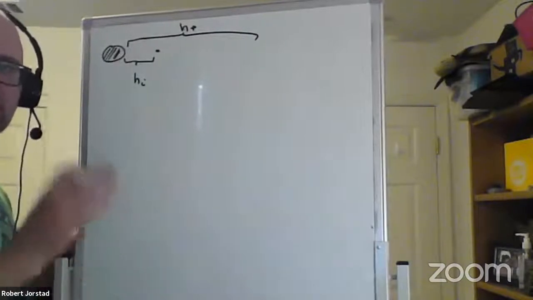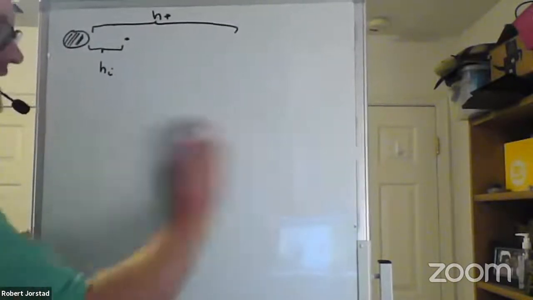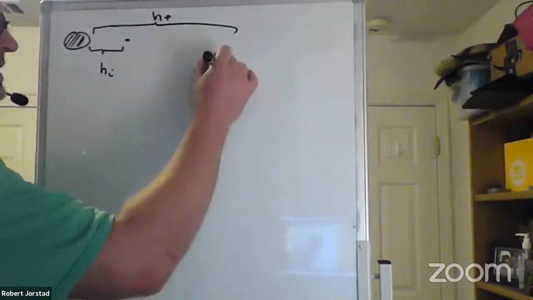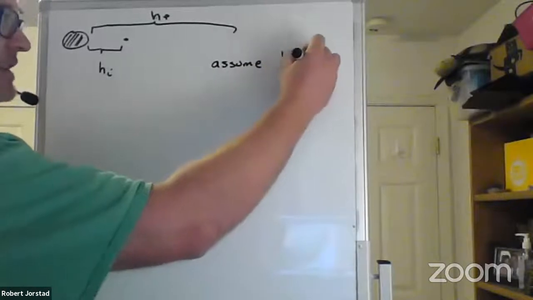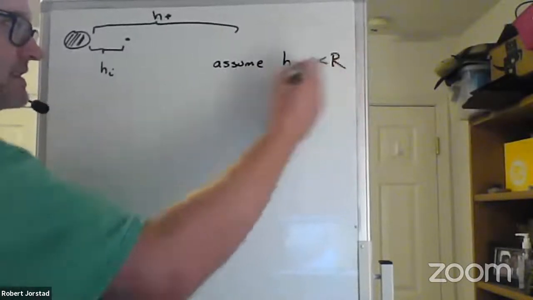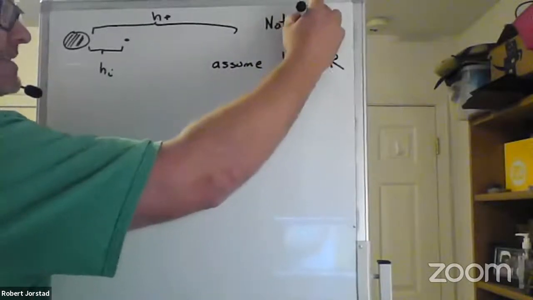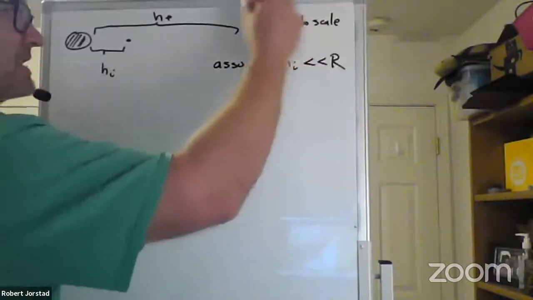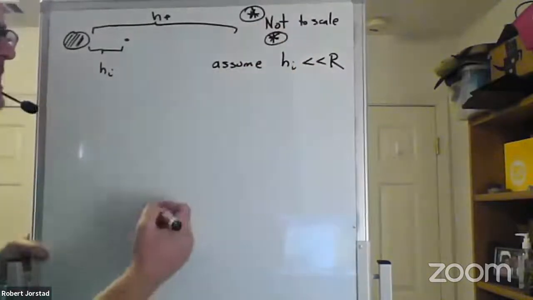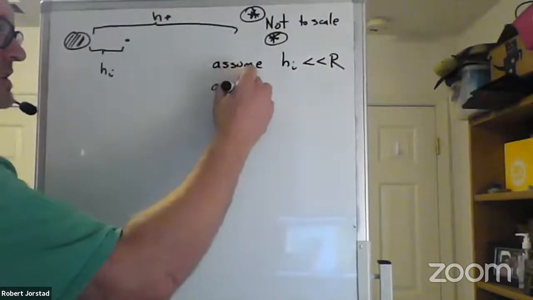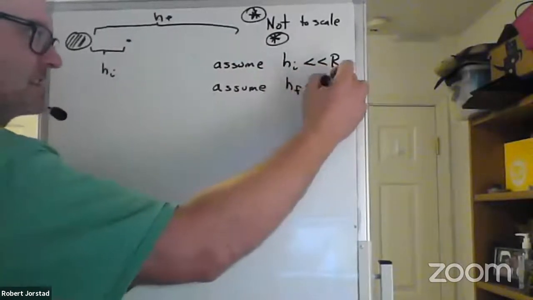So we've got two different heights here, height initial and height final. Now, this is not drawn to scale. I'm going to assume that height initial is much, much less than the radius of the planet. Figure not to scale. I have to draw it this way so we can see it. We're also going to assume height final is much, much less than the radius.